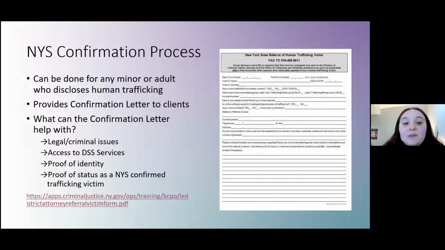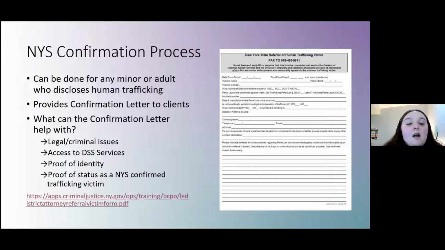So a little bit about that New York State confirmation process. It can be completed for any minor or adult who discloses human trafficking. In order for the client to receive a confirmation letter, there must be one police report to indicate that they have reported the crime against them. The confirmation letter can help clients in legal or criminal issues.